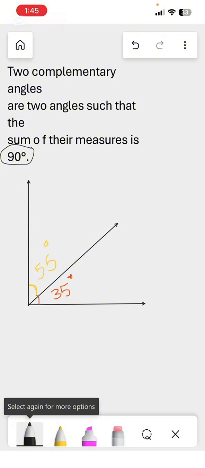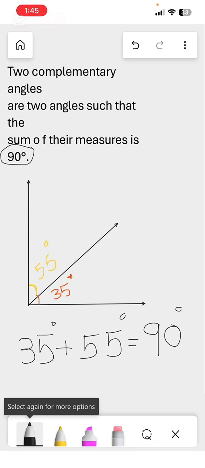The measurement is given. Can I prove that these two angles are complementary or not? What you do, you just add them. If their sum is 90 degrees, then the angles are complementary. 35 plus 55 is equal to 90 degrees.